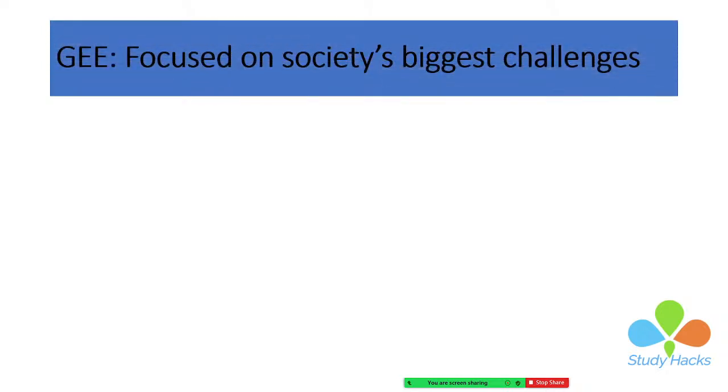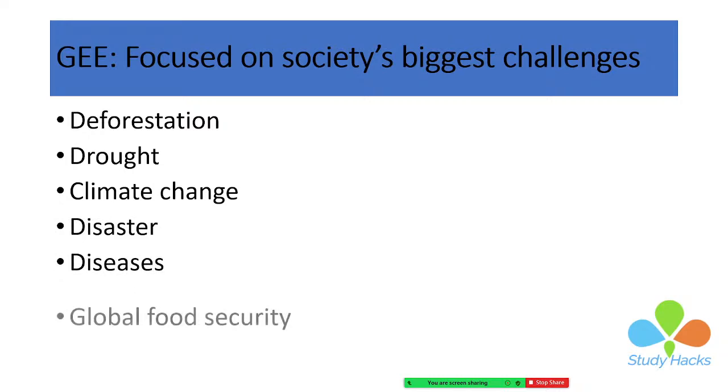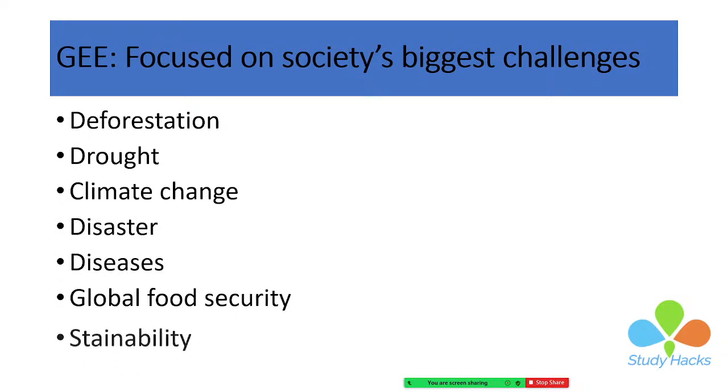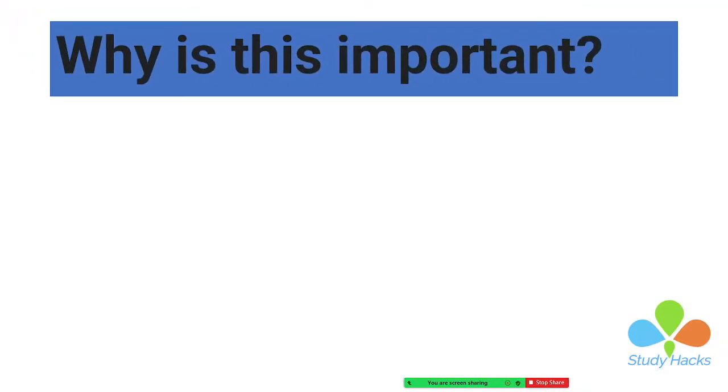And it focuses on society's biggest challenges. So it focuses on deforestation, drought, climate change, disasters, diseases, global food security, and sustainability. Okay, and why is this important? Basically, when you want to work with a big region, suppose you want to make a land cover classification map for the whole of our country, India.